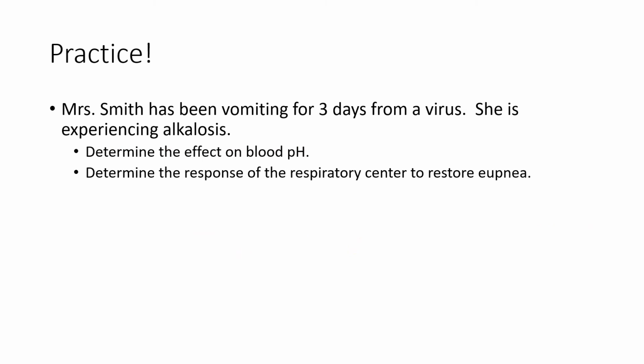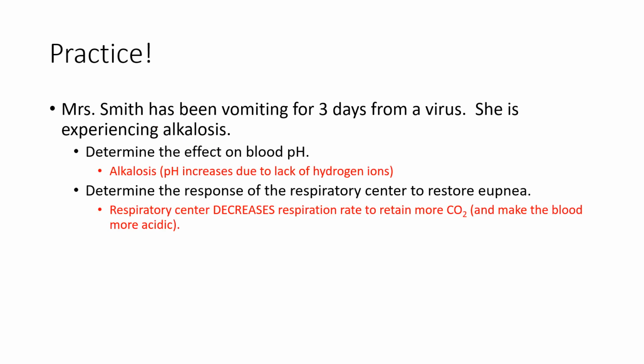So what is the key word in this next problem? All right, looking at alkalosis. So you may want to pause here, go ahead and work out the answers, and then we will look at the answers in just a moment together. We have alkalosis from vomiting. So alkalosis means that we have too few hydrogen ions.